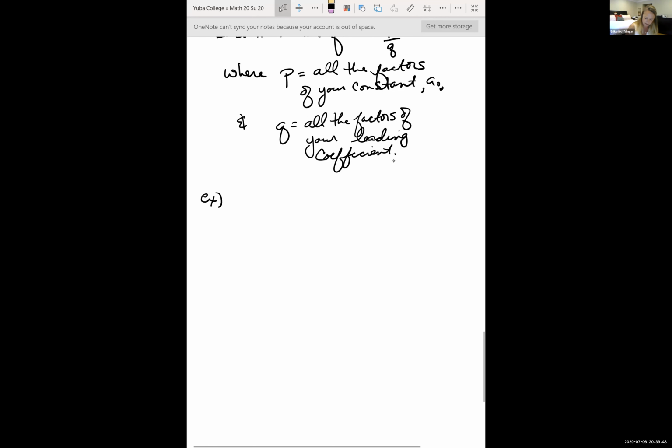So let's say you're given that f of x is equal to x cubed plus 8x squared plus 11x minus 20. So if we wanted to find the zeros of this polynomial, the zeros are another way to say, if we're going to graph it, the places where this will cross or touch the x-axis.